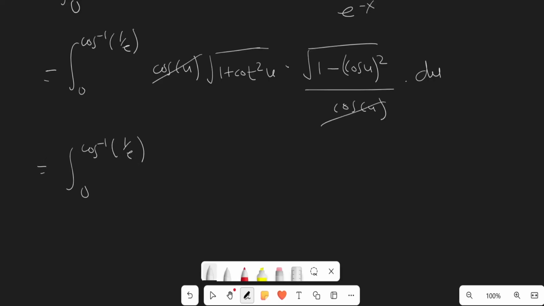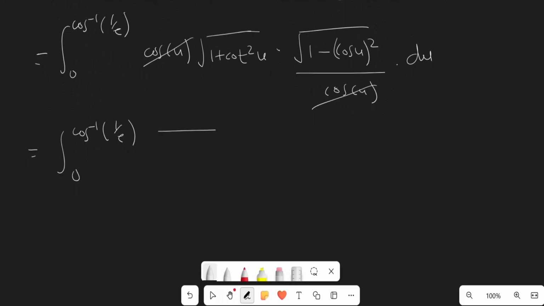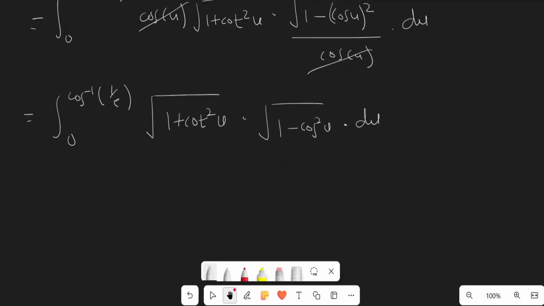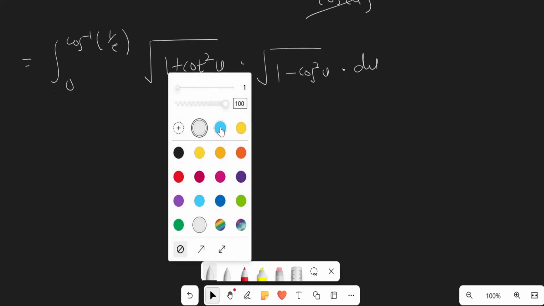Cosine cancels cosine. We are left with the square root of 1 plus cotangent square u times the square root of 1 minus cosine square u du.